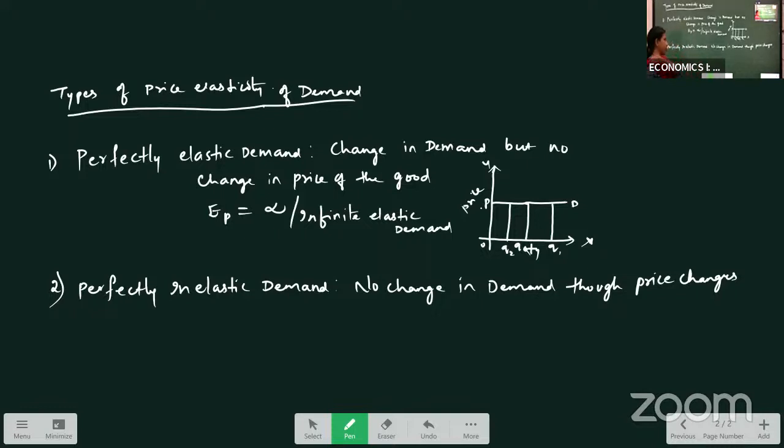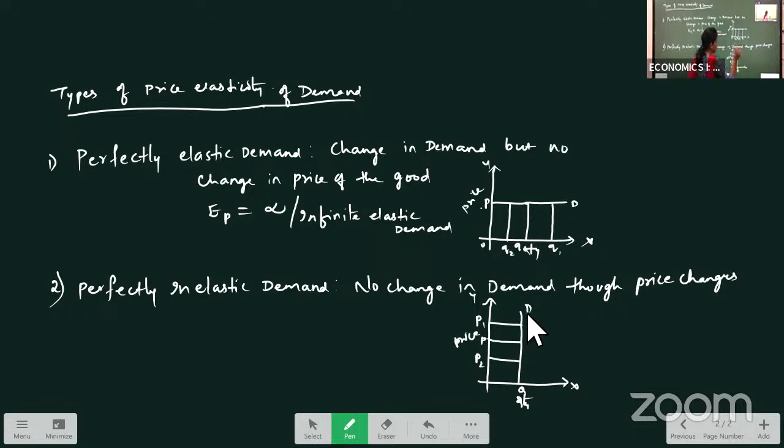Inelastic means no change. So you can see the graph here. With graphs only you can understand this clearly. On x-axis quantity demanded and on y-axis price of the commodity. Now OP is the price and OQ is the quantity demanded. Though price increases to P1 or price decreases to P2, my demand will remain the same.